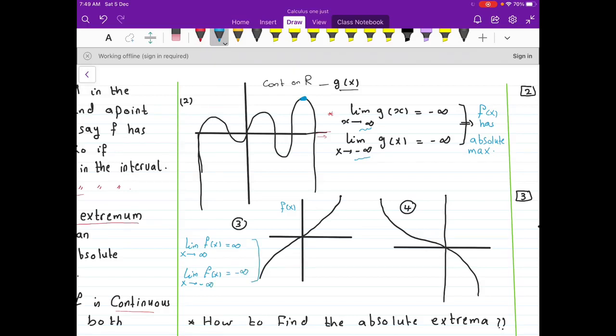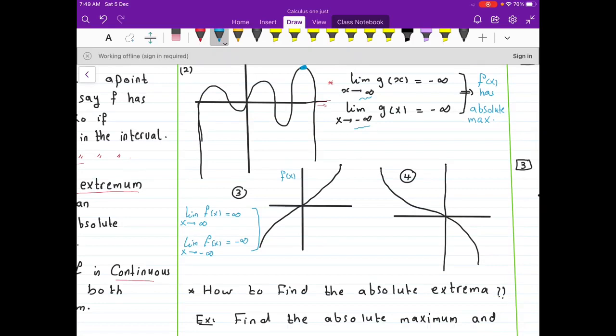Does this function have an absolute max and minimum? No. So the behavior of the function goes once to infinity and once to minus infinity, so we conclude that f of x has no absolute max and minimum.